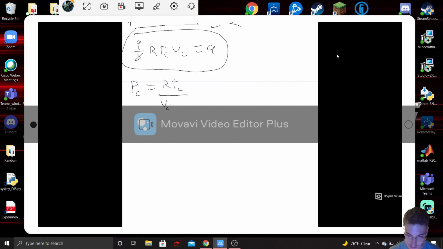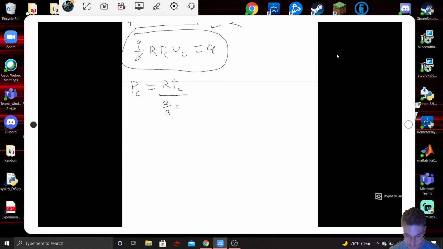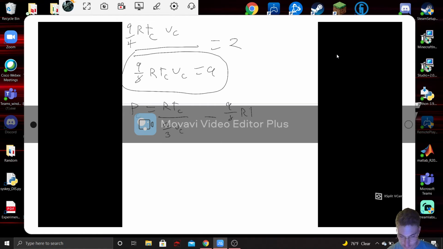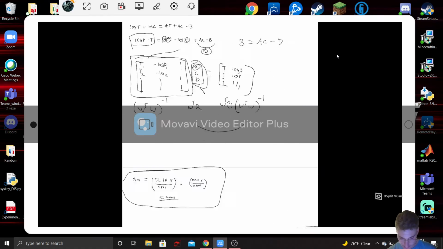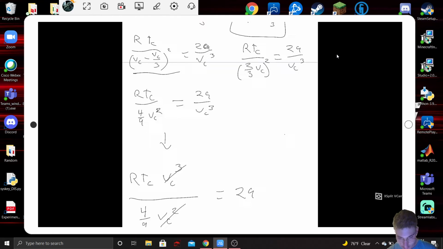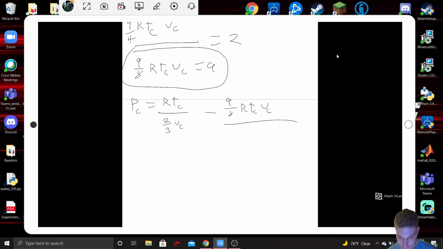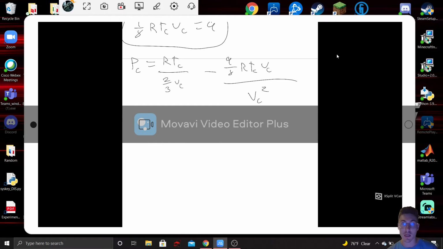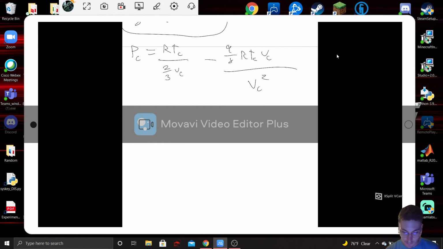So again, this just becomes 2/3 VC minus our A value, so 9/8 RTC VC all over VC all over VC squared. So then if we want to compress this down, realistically what we're going to do, we can cancel those right there.